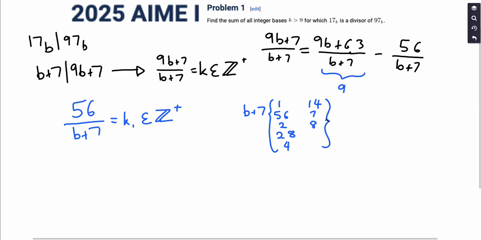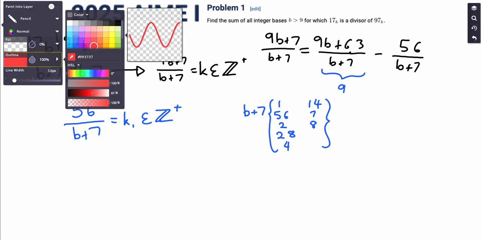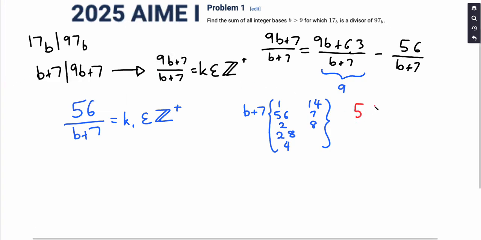A great way to check that these are all 8 factors of 56 is by taking the prime factorization of 56. By taking the prime factorization and looking at the exponents, you can tell how many factors a number has. 56 is equal to 2 cubed times 7.